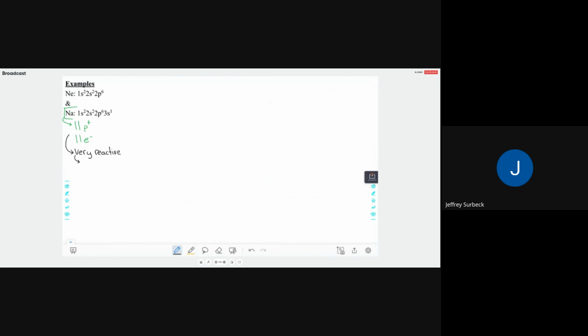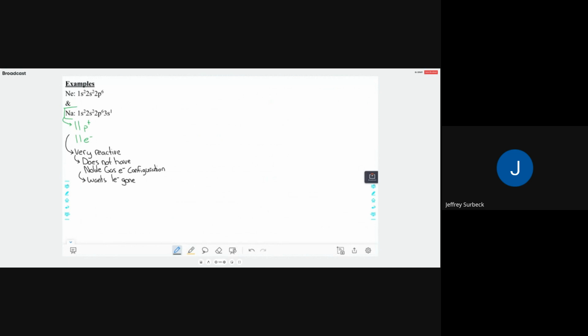Because it does not have a noble gas electron configuration. And what it wants to do is be like the cool kids club, be like neon. All right, so it wants to lose 1 electron. It wants to lose that 1 valence electron.